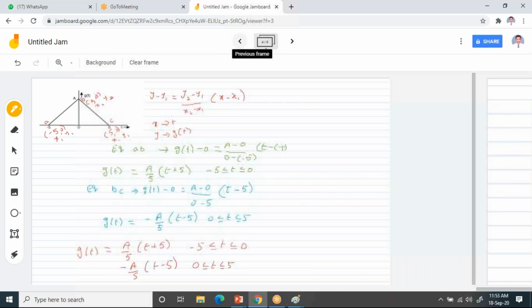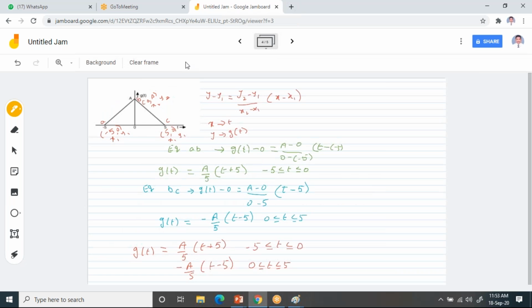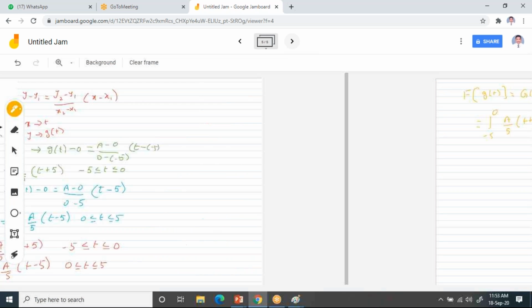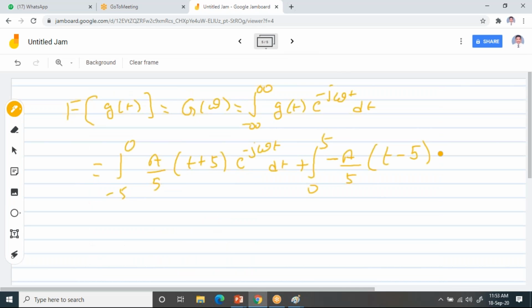From 0 to 5, we have minus a by 5 into t minus 5. You need to multiply with the exponential term, which is e power minus j omega t dt. Now observe it. As you are doing integration with respect to t, we have a by 5 here, and here also I have a by 5. You take a by 5 common.